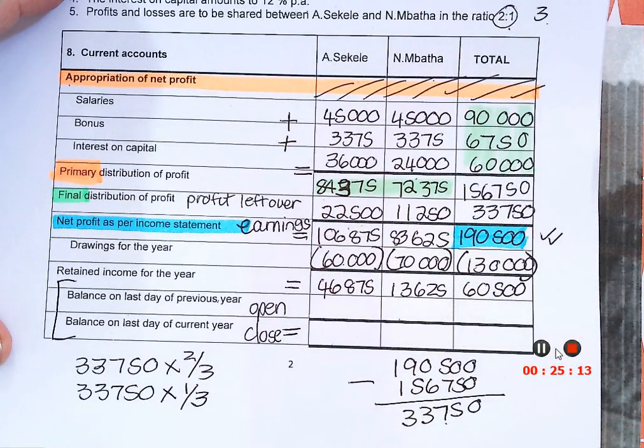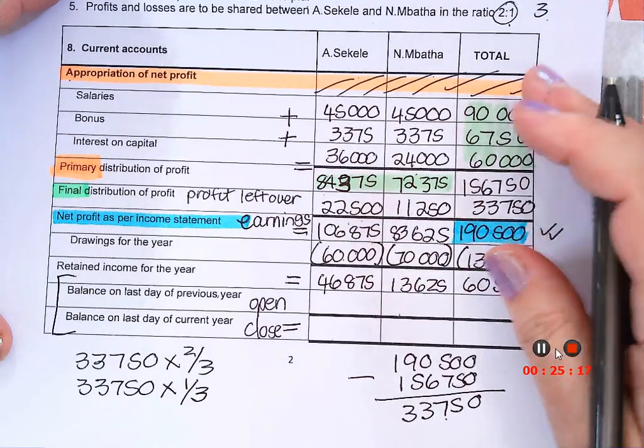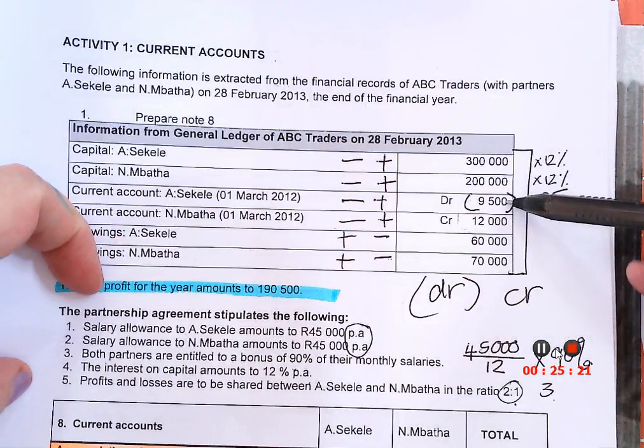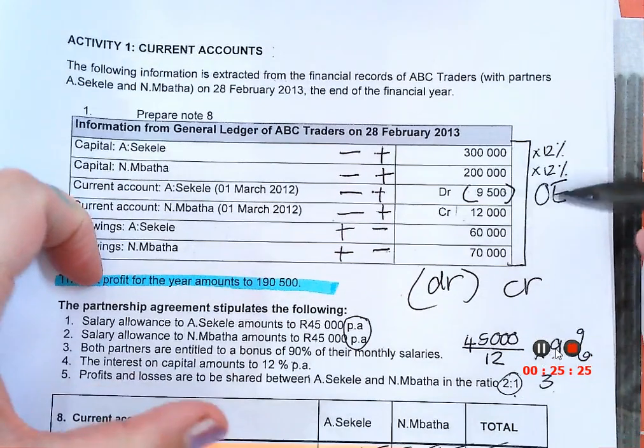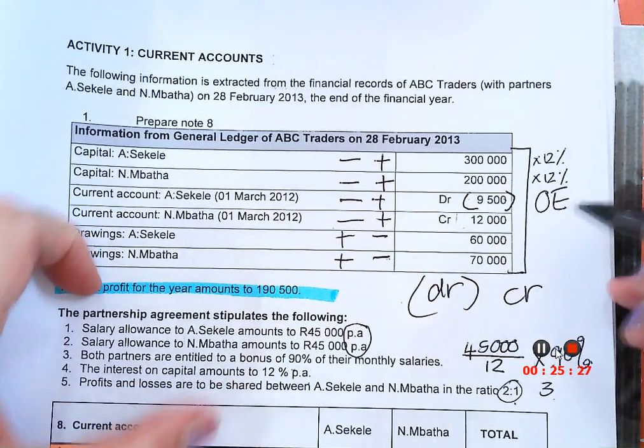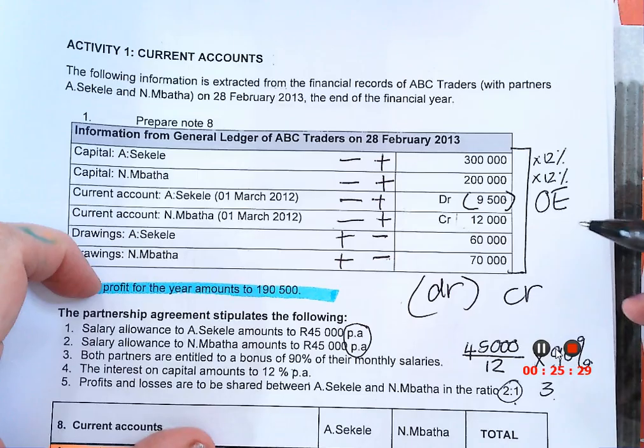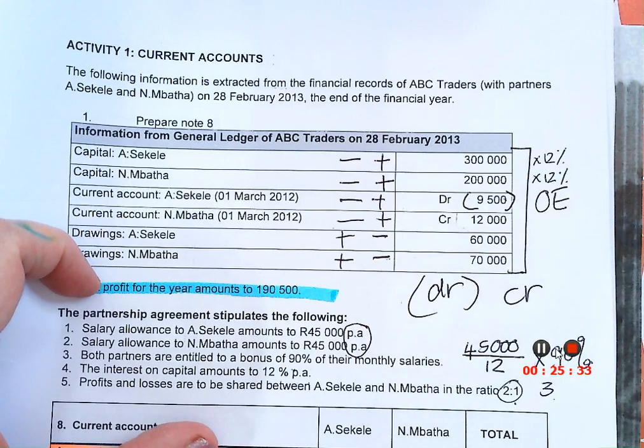Now I have to do the balances on the last day of last year, the opening balances. And I saw Sekele was negative, meaning she used more of her earnings last year. But now it cancels out. Remember, the business is going on.